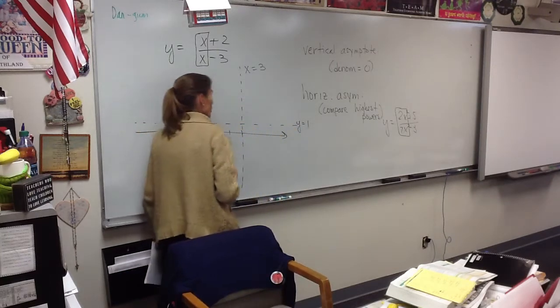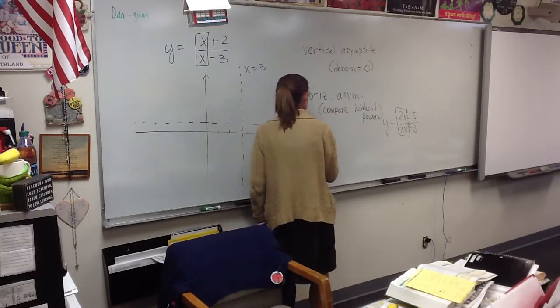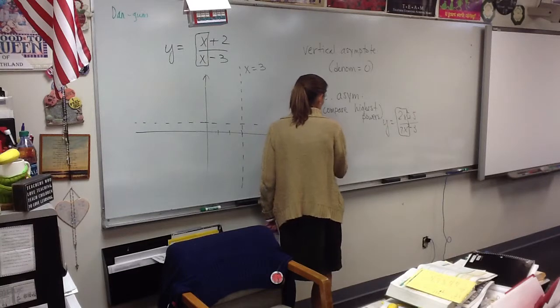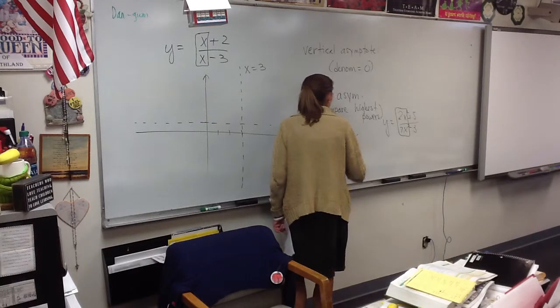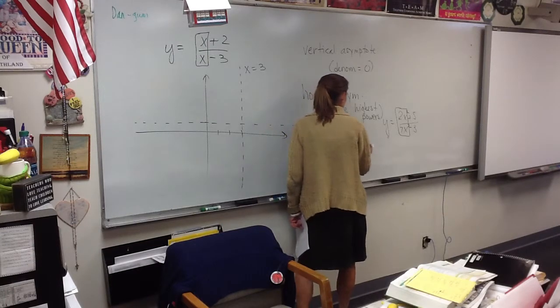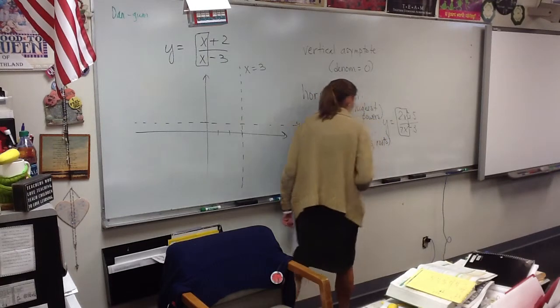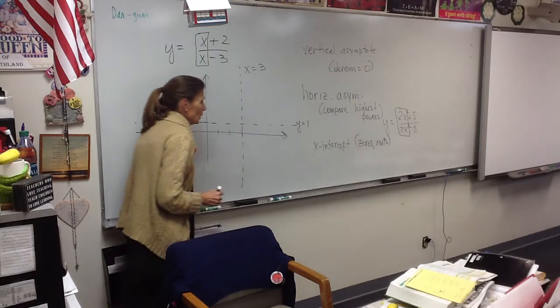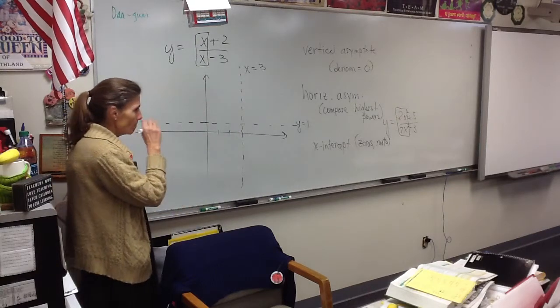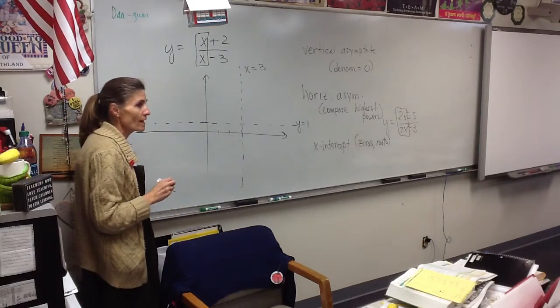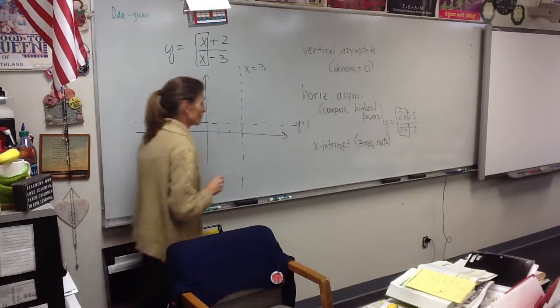Now we also have to get our intercepts in the picture. Our x-intercepts are also called zeros or roots. There's more than one word for x-intercepts, in other words.